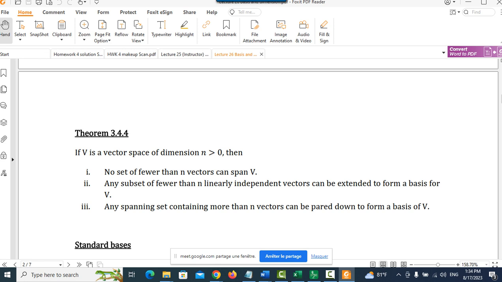It's impossible for you to have fewer than n vectors that can actually span your vector space.